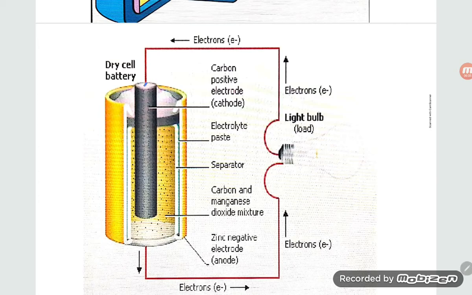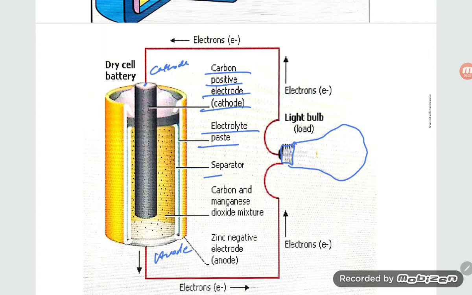If you connect the cathode and the anode with a bulb, you will get electricity. Carbon positive electrode, cathode, electrolyte, separator, carbon and manganese dioxide mixture, zinc negative electrode, are there.